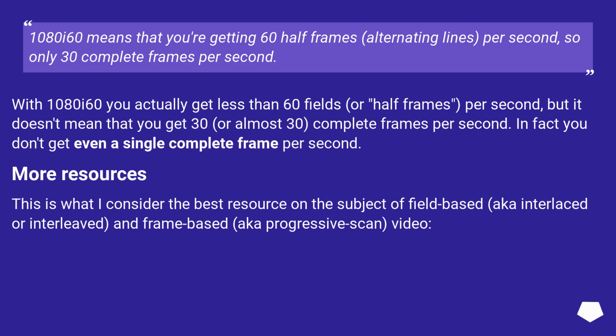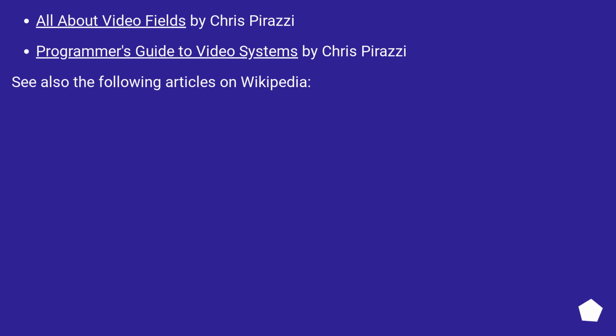More resources. This is what I consider the best resource on the subject of field-based, aka interlaced or interleaved, and frame-based, aka progressive scan, video. All About Video Fields by Chris Perazzi. Programmer's Guide to Video Systems by Chris Perazzi.